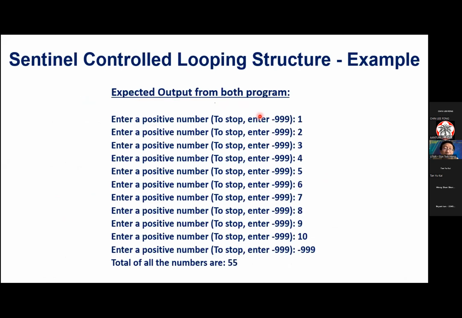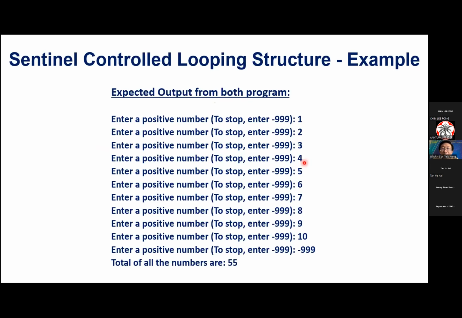So for example, the program will output the following. We ask the user to enter a positive number. The user enters 1. Next time it loops, it repeats. You ask the user to enter a positive number again, and let's say the user enters 2. Because 2 is not the sentinel value minus 999, the loop will repeat again and ask the user to enter a positive number. 3.